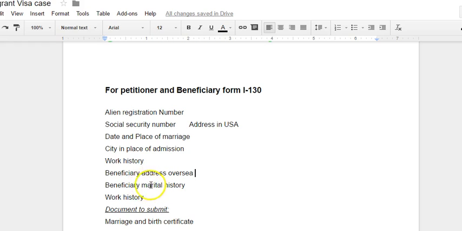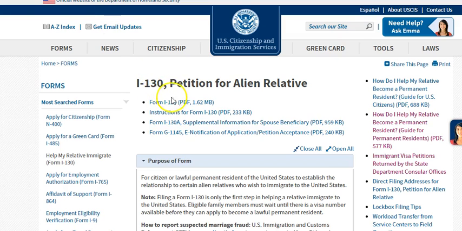If you're applying for your spouse, generally the spouse is married to you. They also need the work history of the beneficiary. So those are the information that you will need to input on the form.